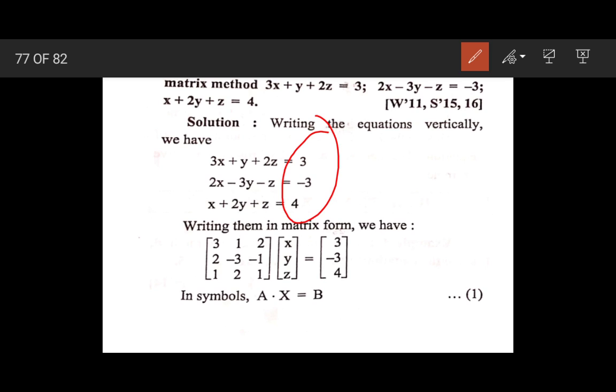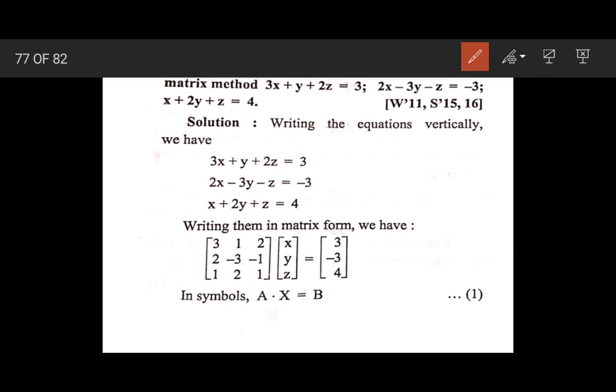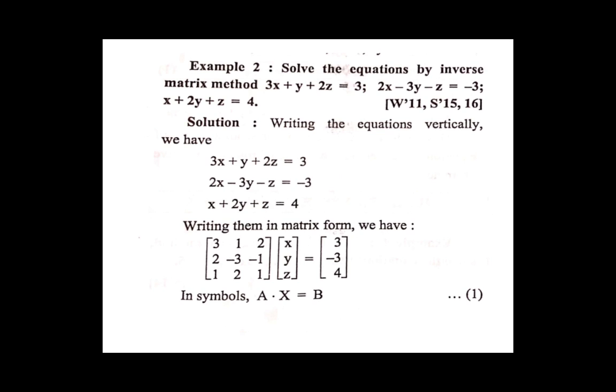B is the matrix of constants. So the constant values are 3, minus 3, 4. So Ax equal to B. This much is clear. So the first step is writing the equations in matrix form. Step 1 is clear. Now let's see step 2.